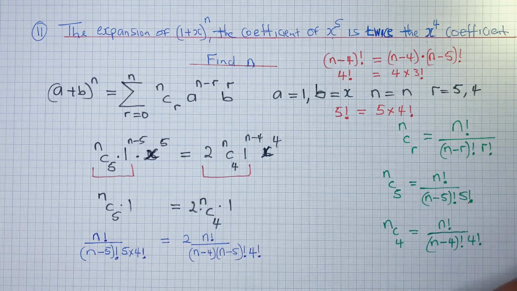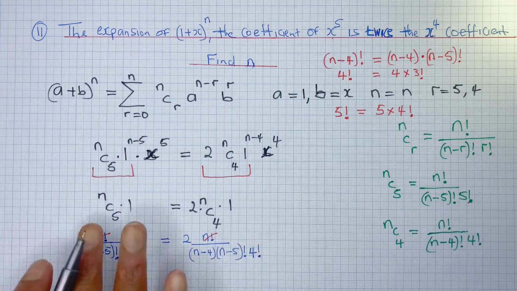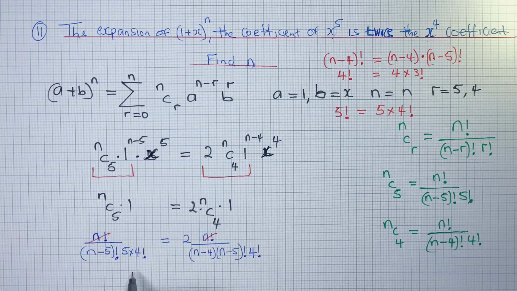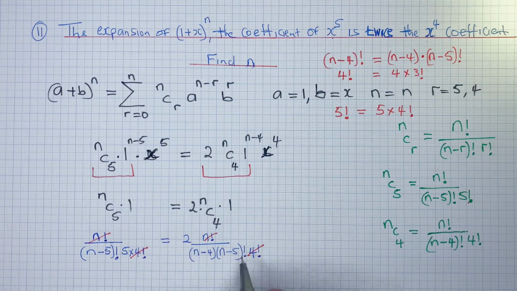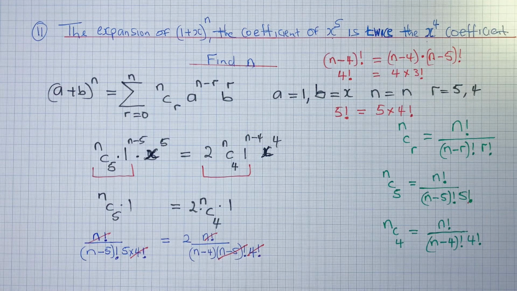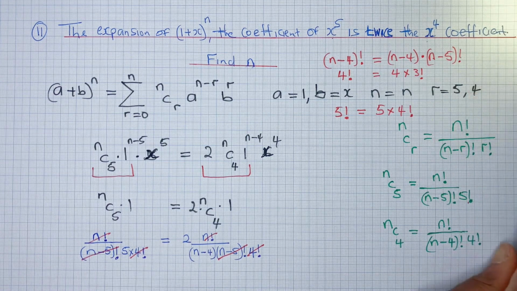Now we cancel n factorial because this is a ratio now. Also we cancel 4 factorial, and we cancel n minus 5 factorial.